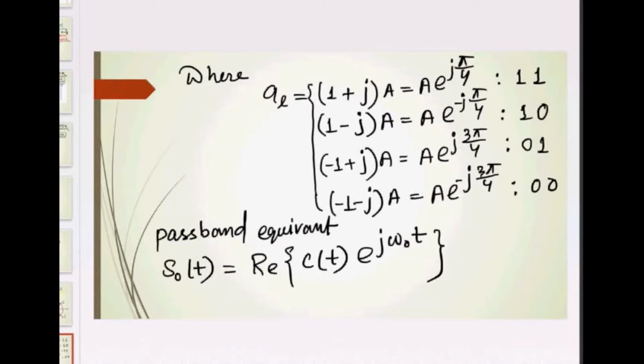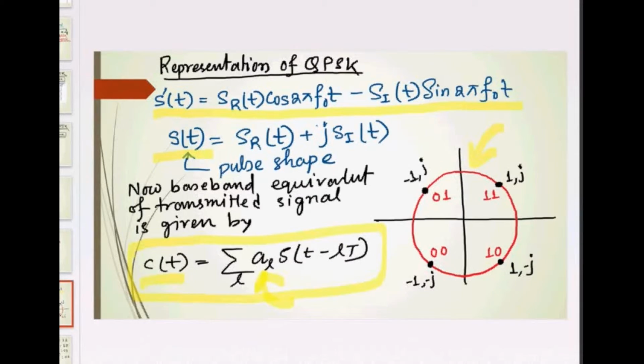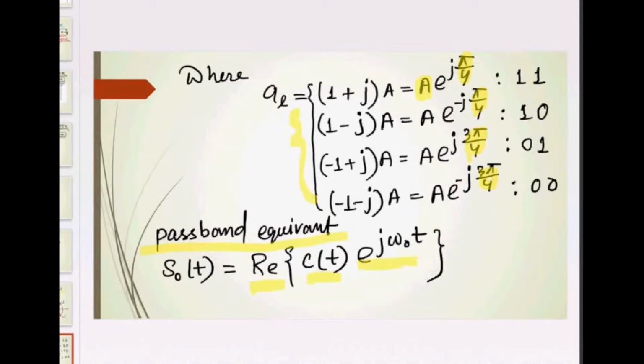So this a_l could be any of these values, which has an amplitude A and a specific phase, right? Now the passband equivalent of this QPSK signal is the real part of this c(t) with e to the power j omega naught t, where omega naught is the carrier frequency.